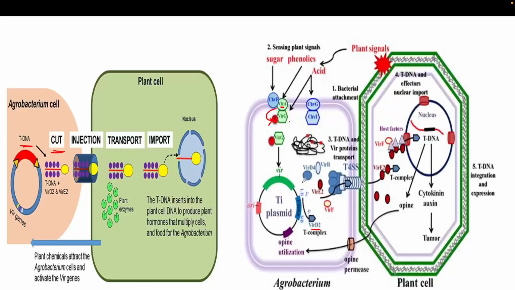So that's why there are two types of virulence genes: one is the virulence gene E2 and another is the virulence gene D4. These two genes bind to the single stranded T-DNA and protect it from nuclease activity, and they also carry the signal for transfer from one cell to another cell.